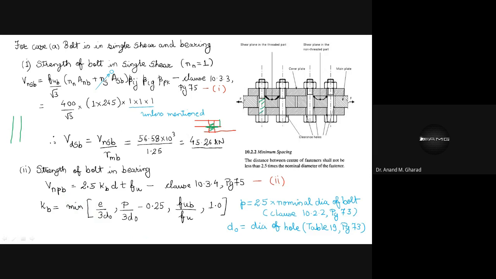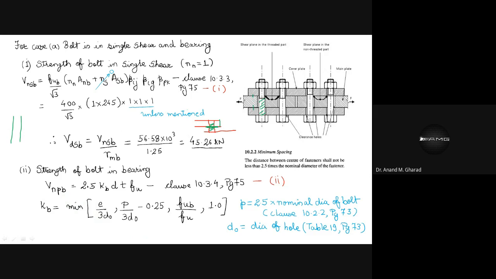Okay, fine. So let me know first of all, how many shear planes do you observe in this case? Two, isn't it? So this one may be the first one and this is the second one, correct?